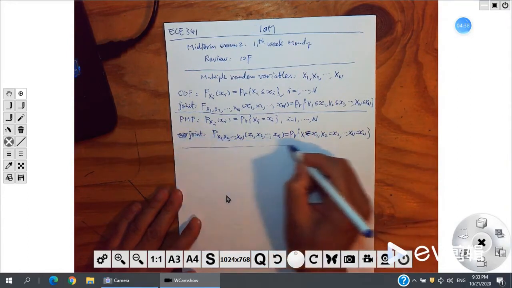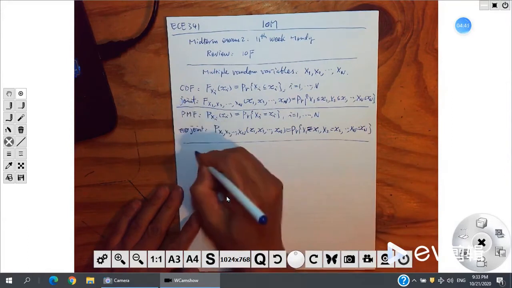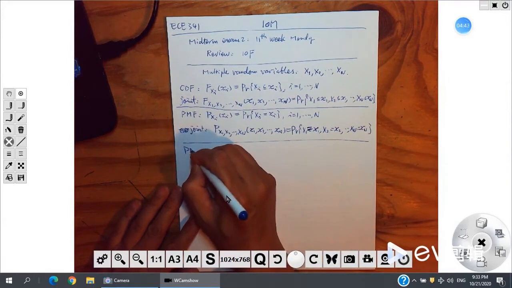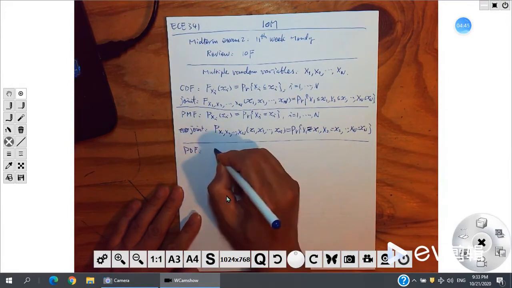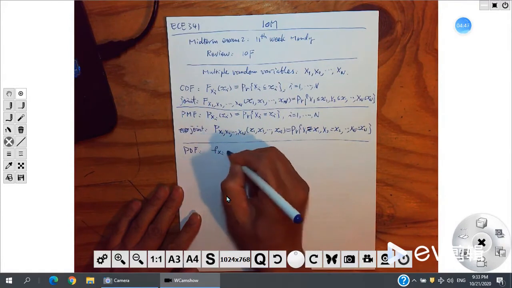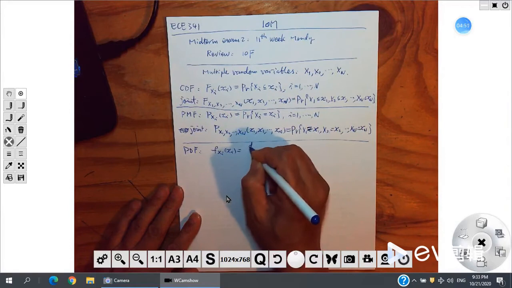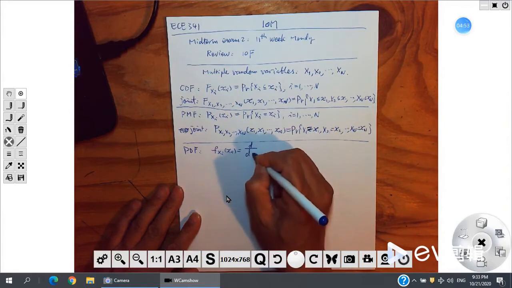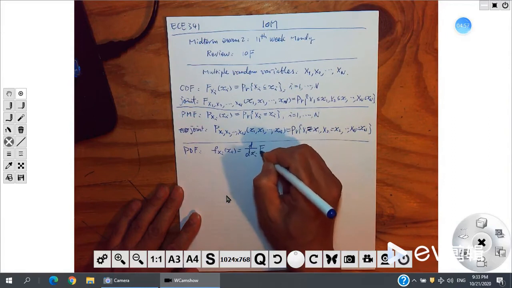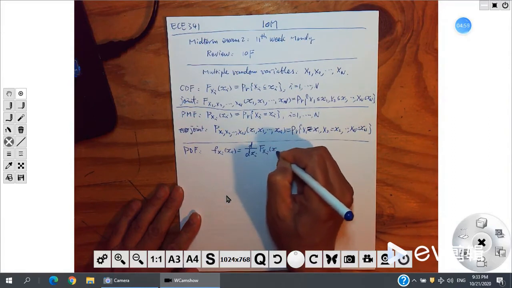And we also have the PDF for each one, each Xi. We have a PDF, which is the derivative of the CDF, capital F_xi of xi.